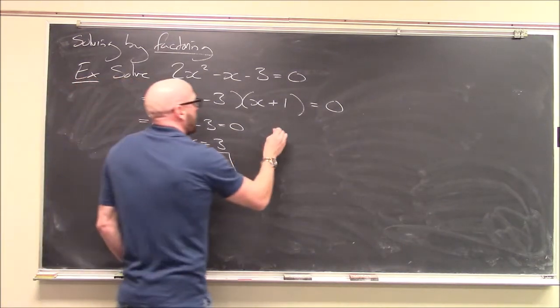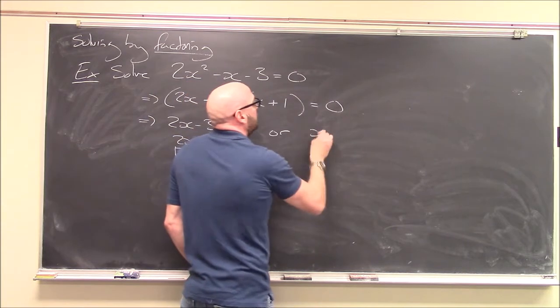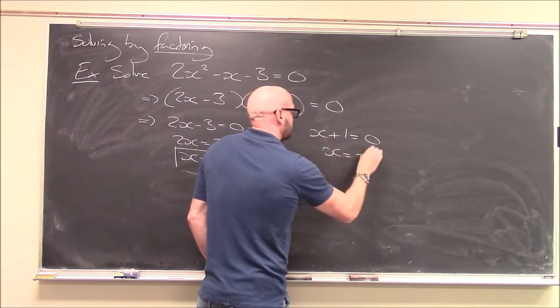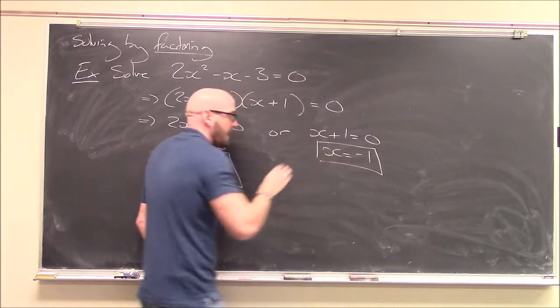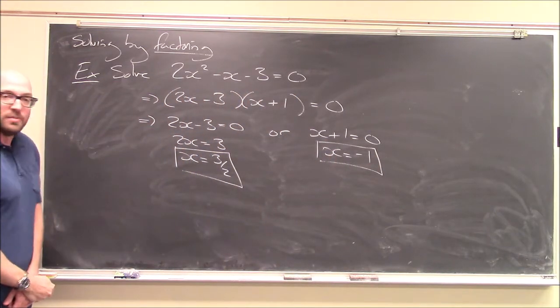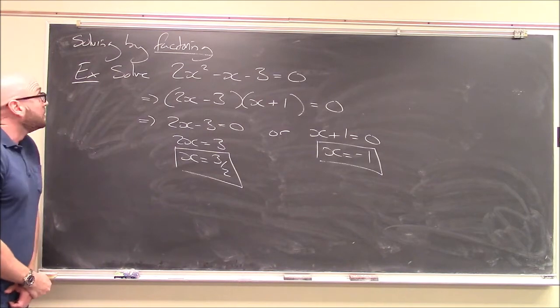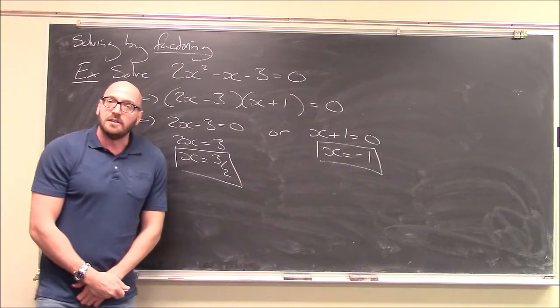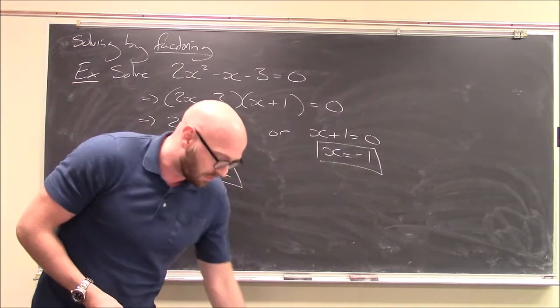Or x plus 1 is 0, which means x is minus 1. There's my two solutions. So solving a quadratic equation by factoring is really nice if you can factor. And you can't always factor, but let's just do one more example.